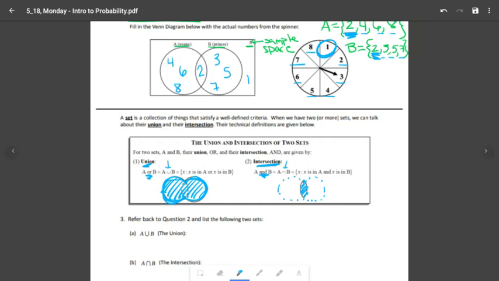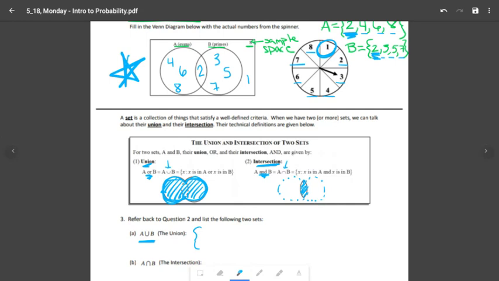So looking back at our Venn diagram from above, if I wanted to find A or B, if I wanted to list out the numbers that fall into A or B, their union, it just means that it has to be a number that falls into those circles. It could be anywhere in those circles for union.